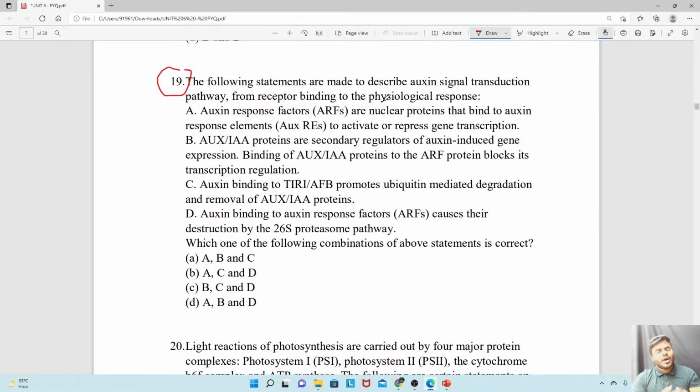See, imagine, friends, how many times they are asking signaling questions in part C. Question number 19.